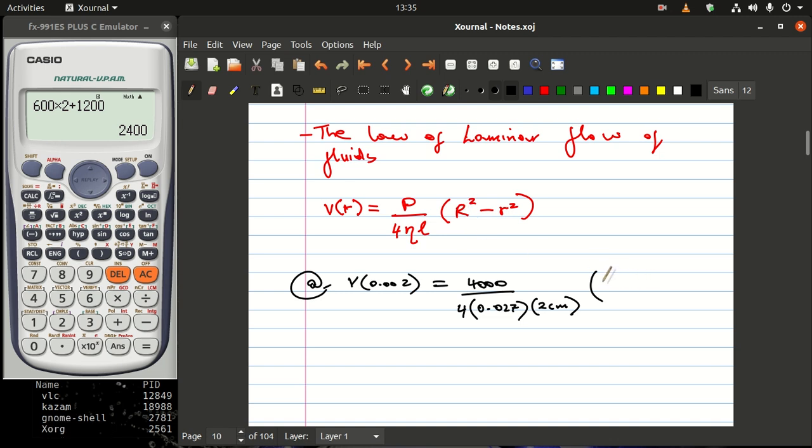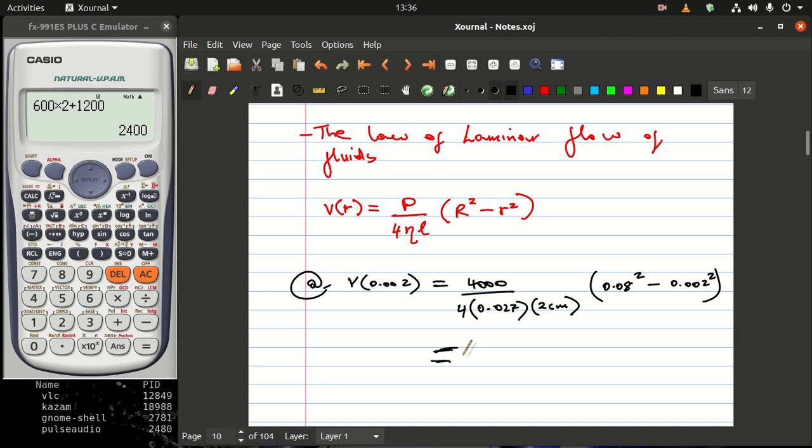R was 0.016 divided by 2, and then you square the answer, or you can simply say it is 0.08 squared minus r, which is 0.002 squared, and then you can find the final answer here.